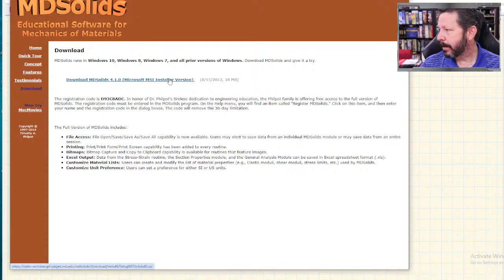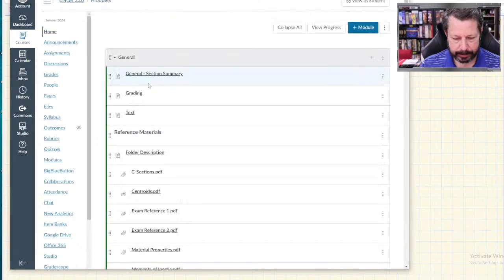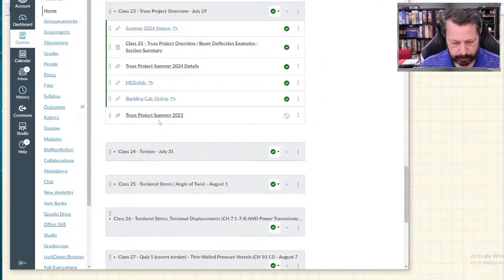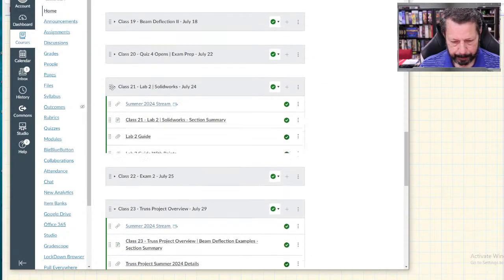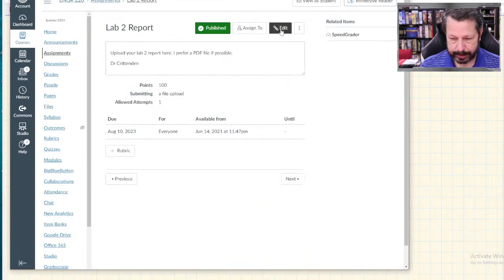When is Lab 2 due? Lab 2 was the one with the 3-point bend test. We just went over that. Let me see when it actually is, because sometimes Canvas carries over dates from previous years and they are not right. So Lab 2, let's see, Lab 2 report, it says it's due like a year ago, so that's not true. Let's change that.